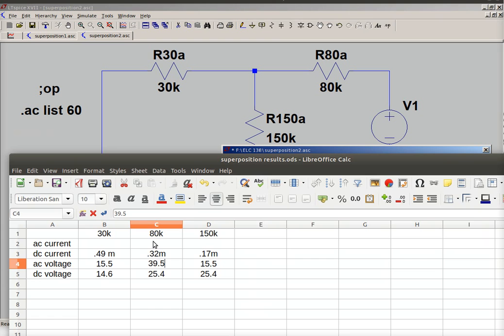So 0.62 milli. And for my 30K, it was most of it, 0.52. And then for my 150K, I got the 0.10 milli. Those are my results for that circuit.